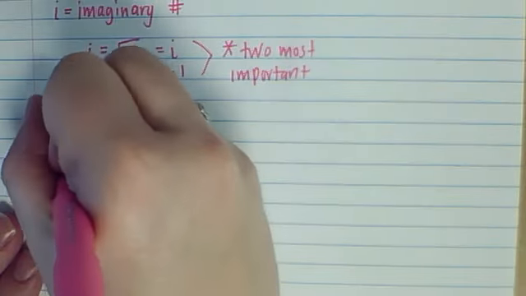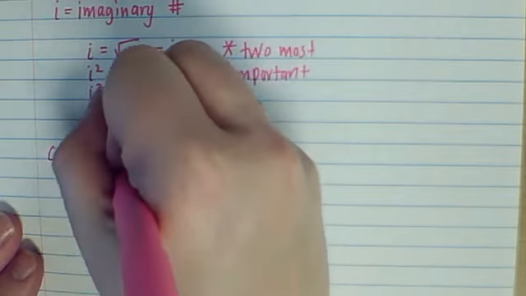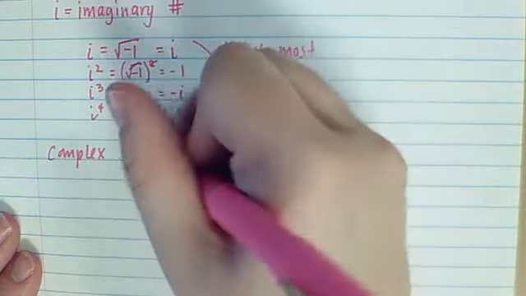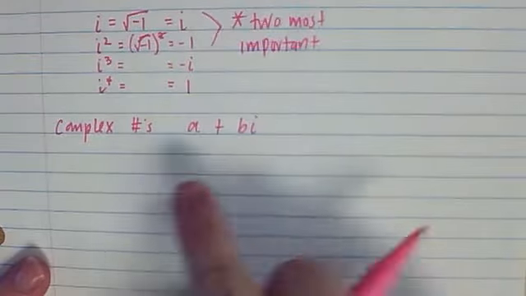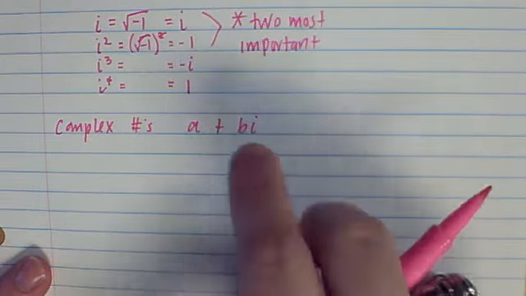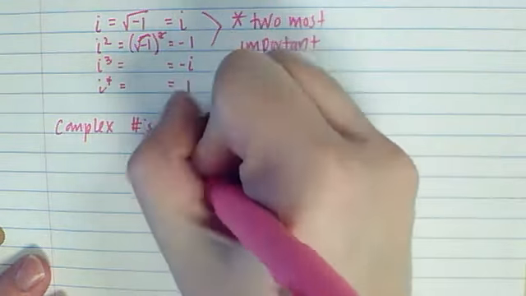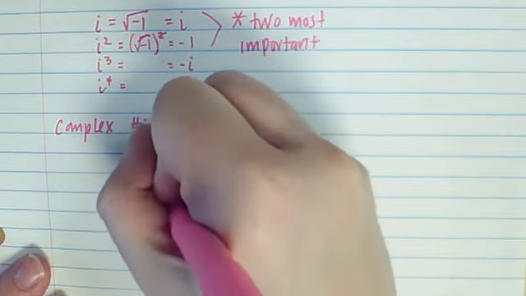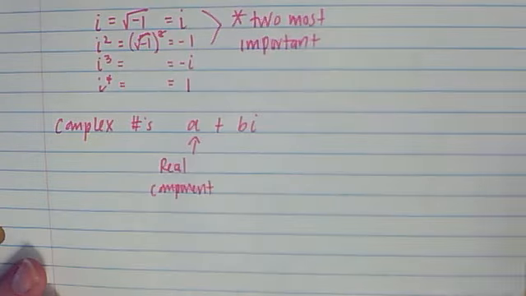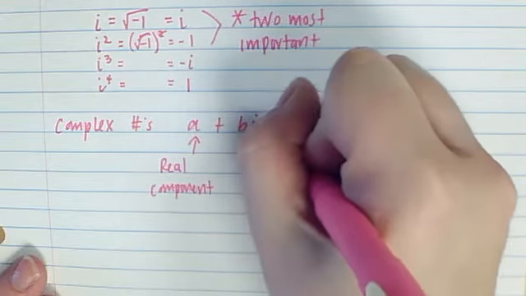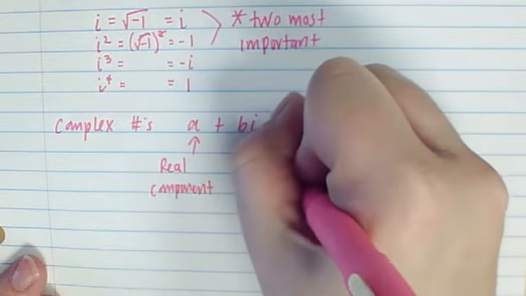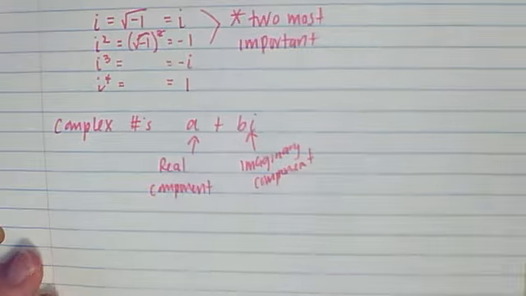Alright, complex numbers are the combination of a real number and an imaginary number. So this is a plus bi, that's the form it needs to be in. The a is the real component, just like a regular number, 2, 3, 4, and so on. And the bi would be your imaginary component, so whatever number ends up with the i.